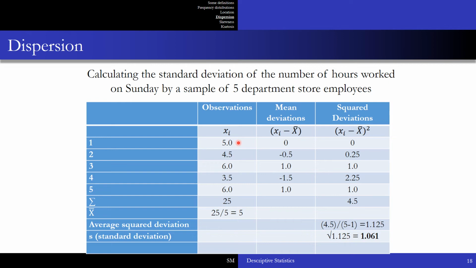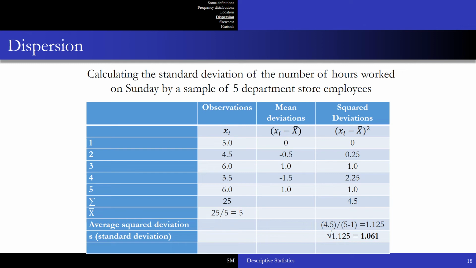Individual number 1 works 5 hours, number 2 4.5 hours, number 3 6 hours, and so on. Okay, so what do we do first? The first thing that we do is sum all of these numbers up. If we sum all of these up, they total to 25. If we divide 25 by 5, 5 is the number of observations that we've got in the sample, it equals, rather obviously, 5. 5 is the mean of the sample.